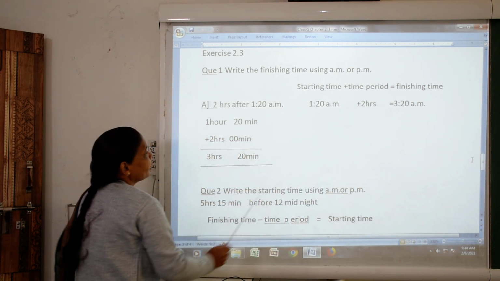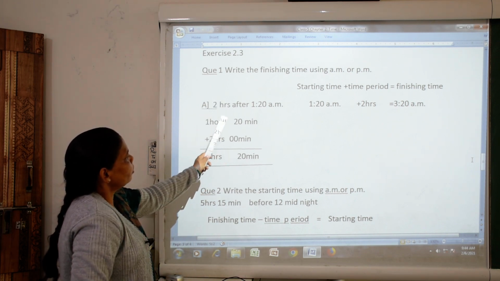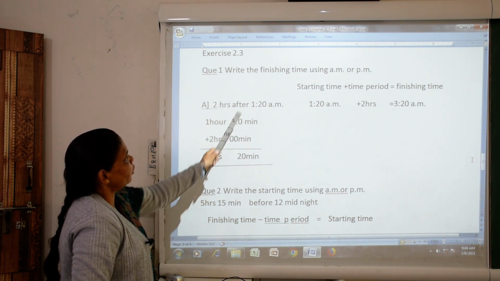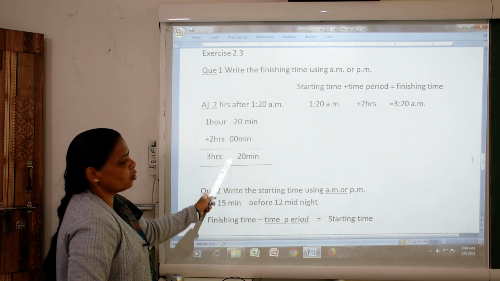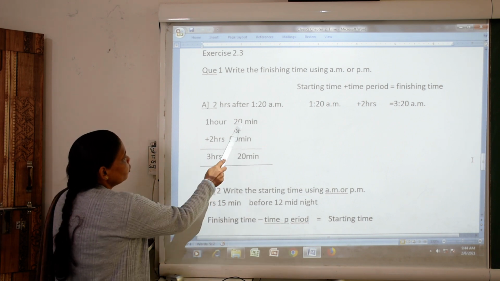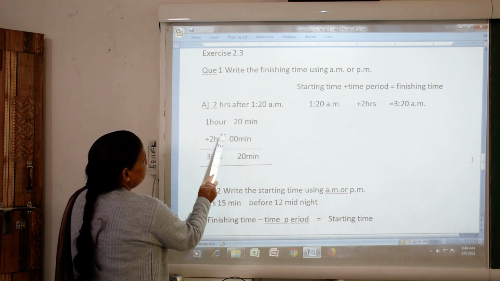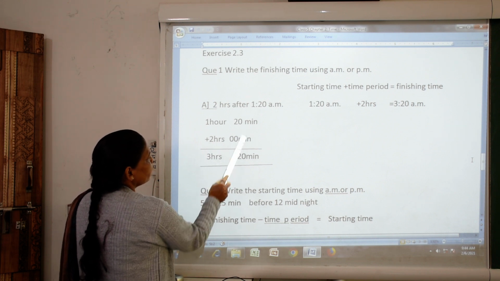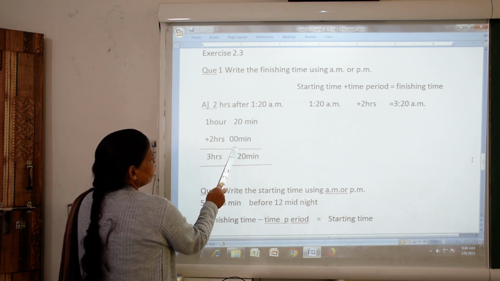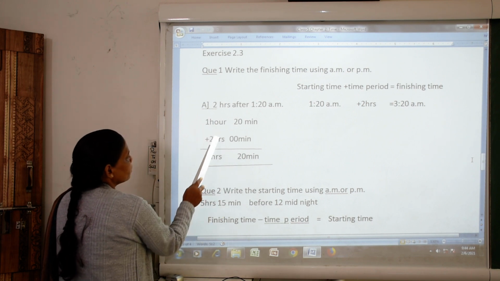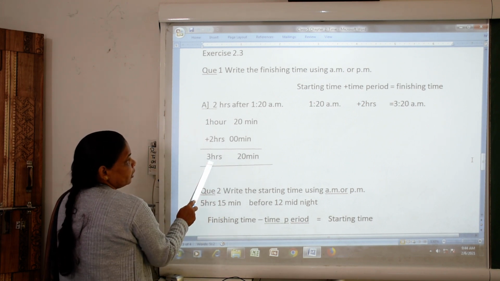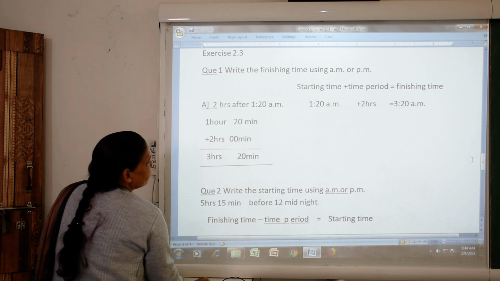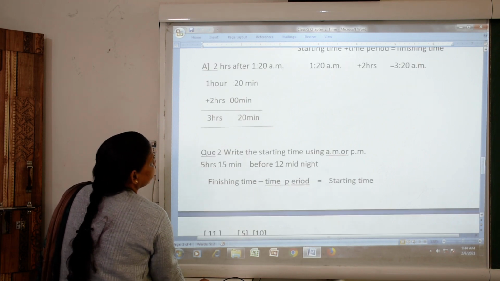You have taken 2 hours, and you have to find the finishing time when your work is finished. So 1 hour 20 minutes and 2 hours, minutes are not there, so 20 plus 0 is 20 minutes, and 1 plus 2 hours is equal to 3 hours. So finishing time is 3 hours 20 minutes.